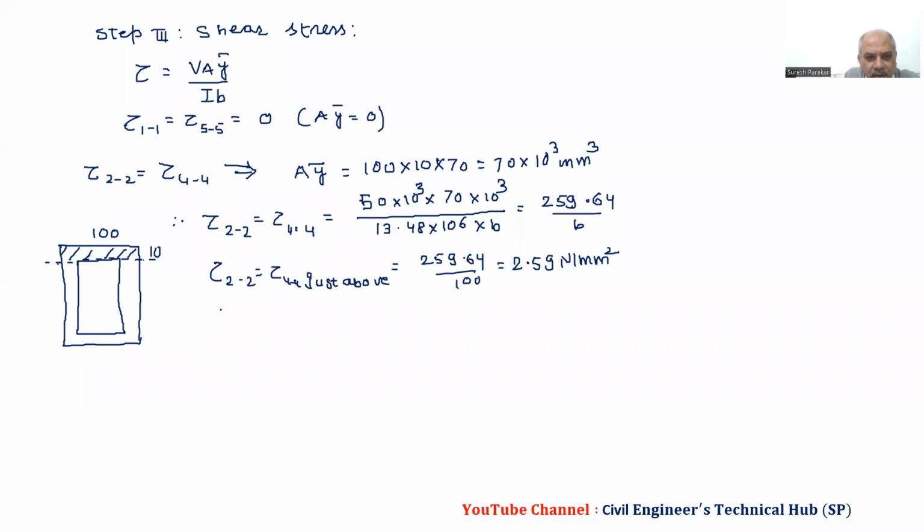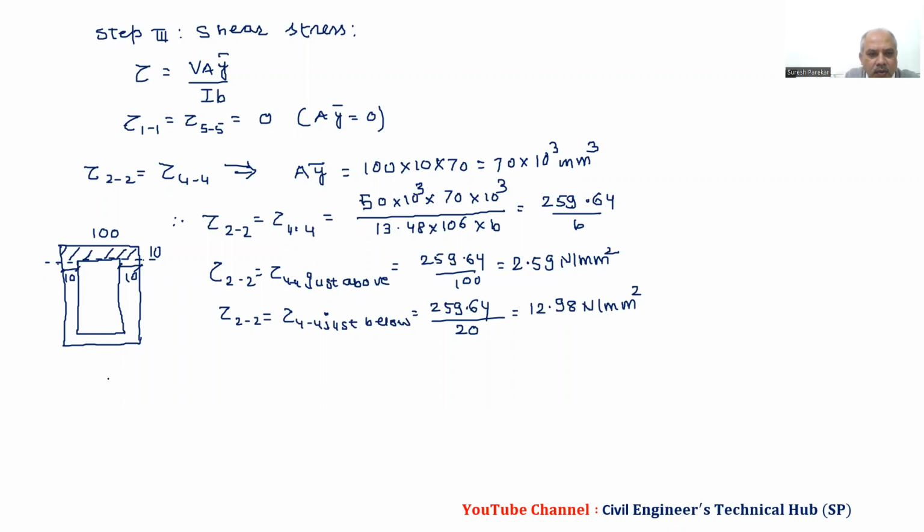Then just below, we have 259.64 and the B value: this is 10 and this is 10, so 20. Dividing by 20 gives 12.98 Newton per mm square.